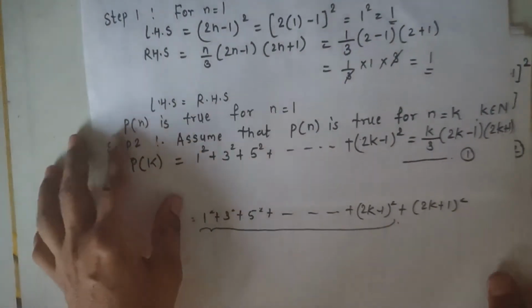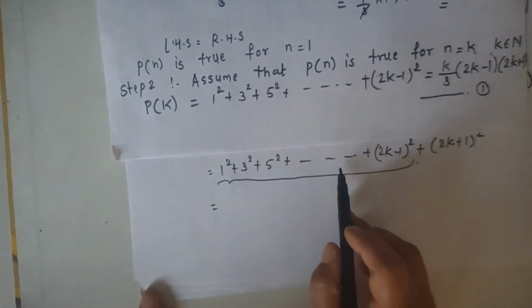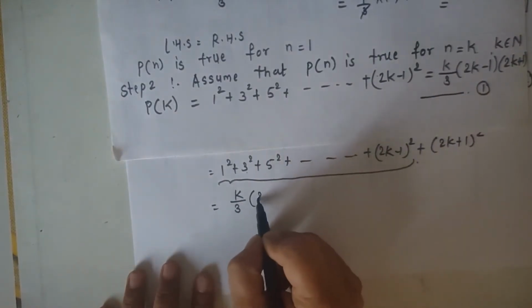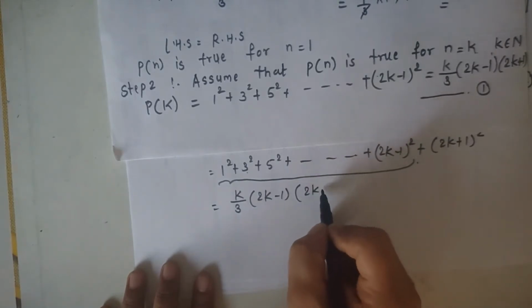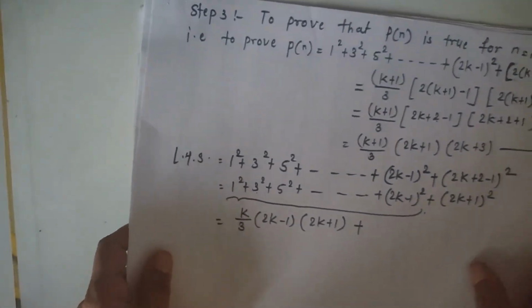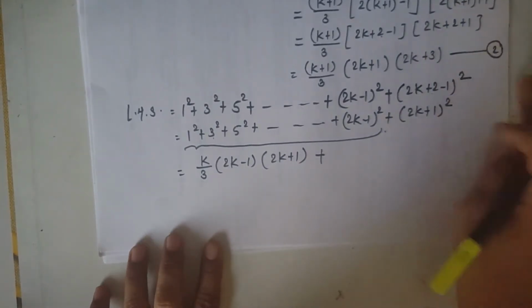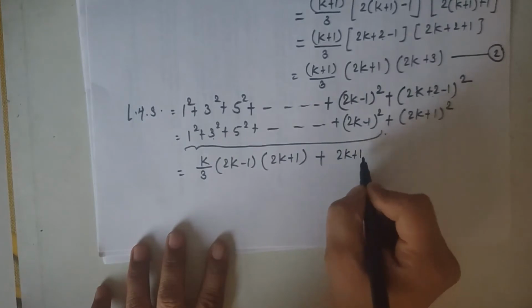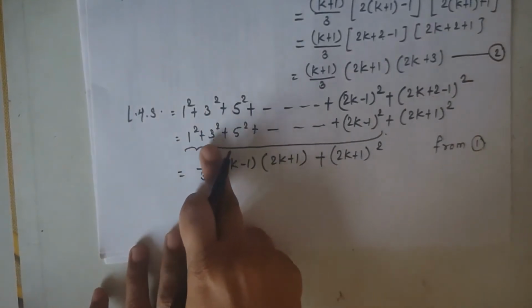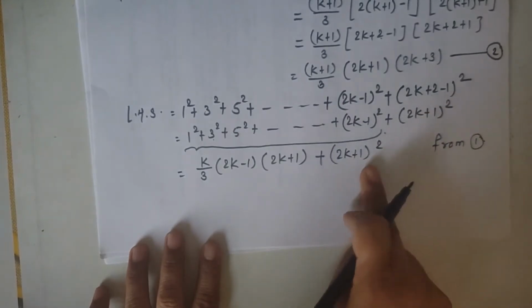So substitute the value of this addition of 1 square plus 3 square up to (2k minus 1) square, which is equal to k by 3 into (2k minus 1) into (2k plus 1), plus here the last term of equation number 2, which is (2k plus 1) square.